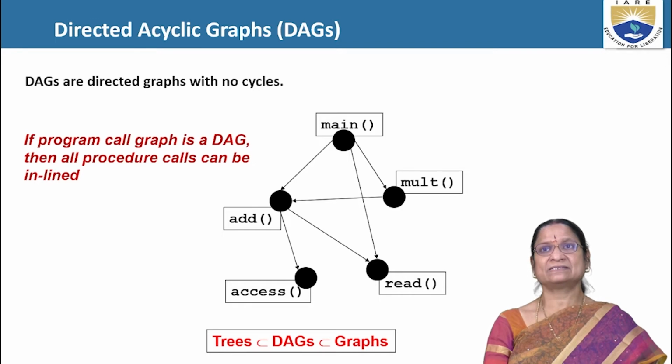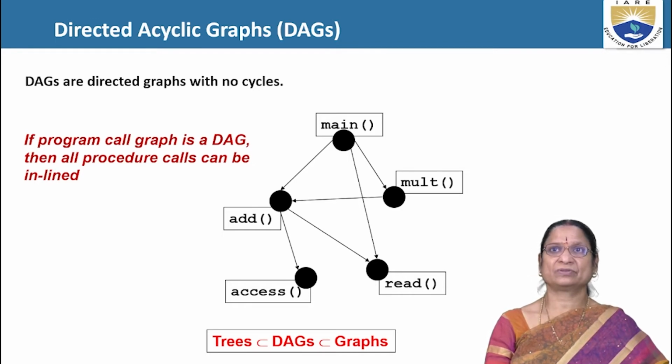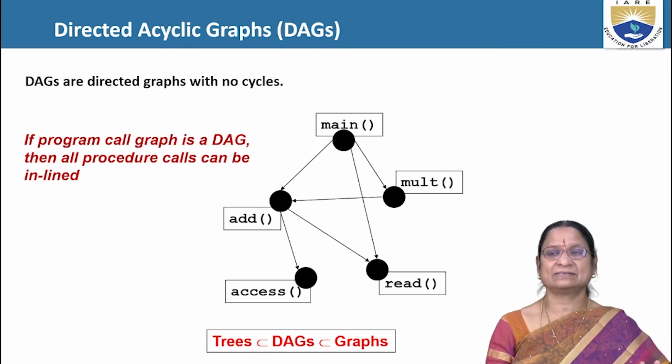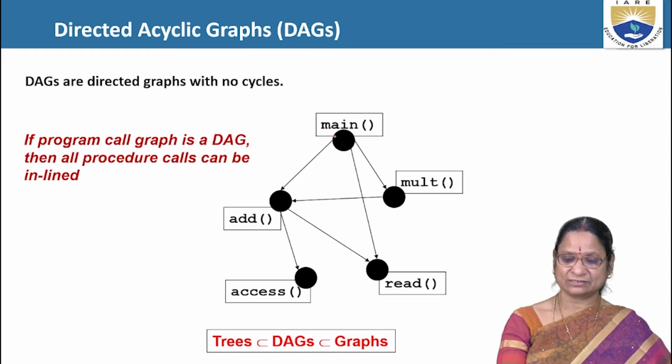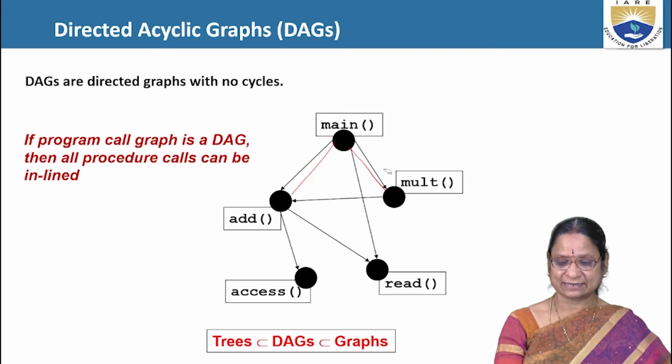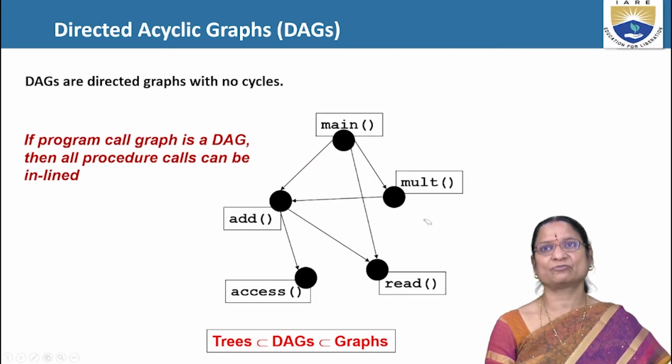Directed acyclic graphs are subsets of graphs. That means directed graphs without any cycles can be considered as a directed acyclic graph. This seems to have a cycle actually, but it is directed now. So from here to here, but from here back is not there. So that's why it is acyclic. There is no cycle in this directed graph.